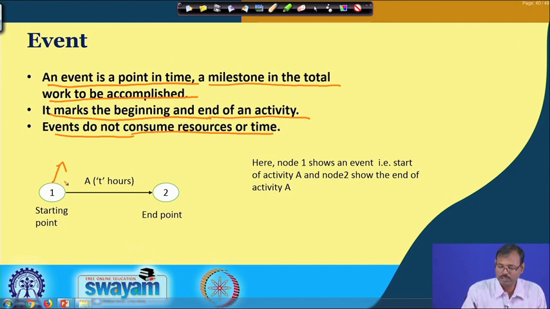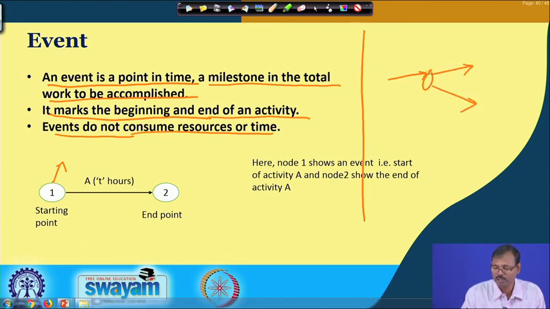So, the condition in network analysis is that the different activities or unit operations are combined with the nodes, and it is assumed that the nodes do not consume any cost or any time.